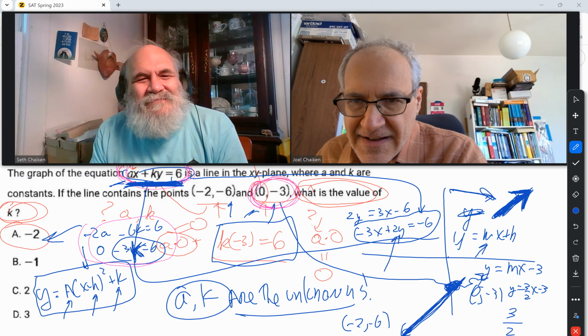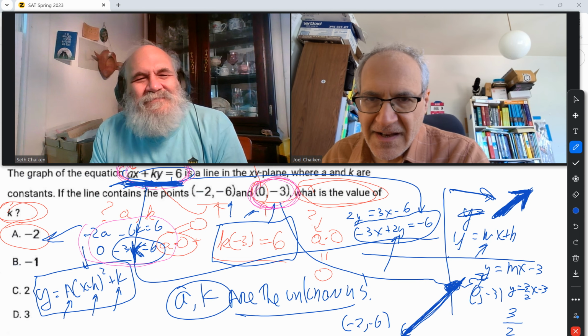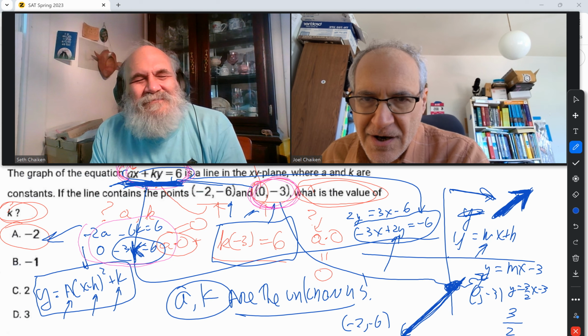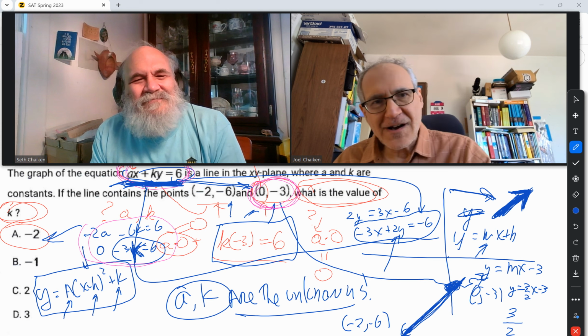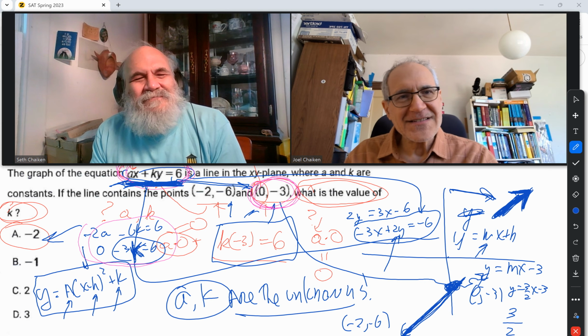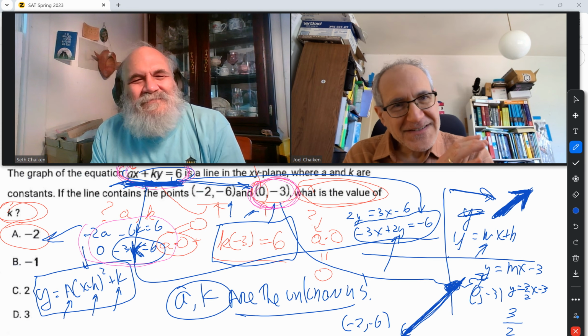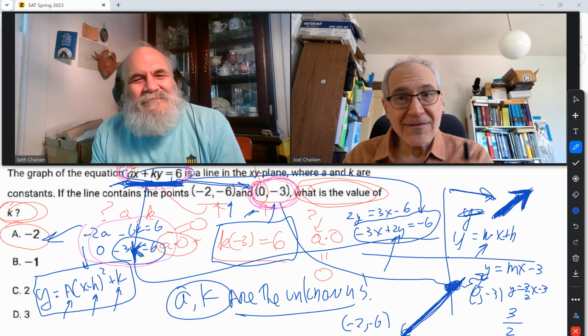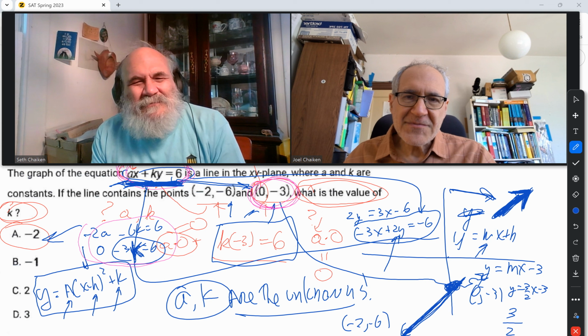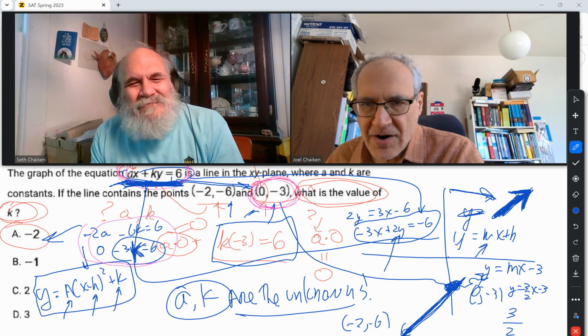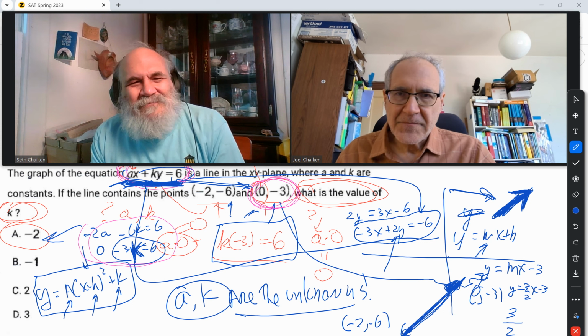So A and K are the intercepts, but then you have to think about which intercept is which, and which one is zero, and the x and the y, because the y-intercept is when x is zero, the x-intercept is when y is zero, and your brain gets completely confused. What am I doing? Especially on a timed test with pressure. So that's another way of thinking about it. If you recognize these, the A and the K are the intercepts in some way.